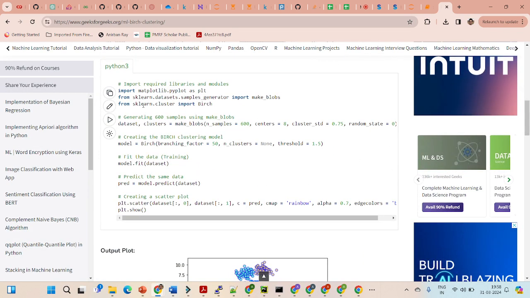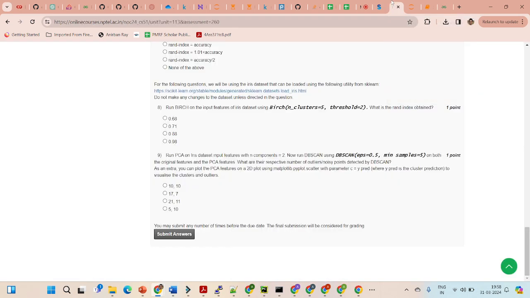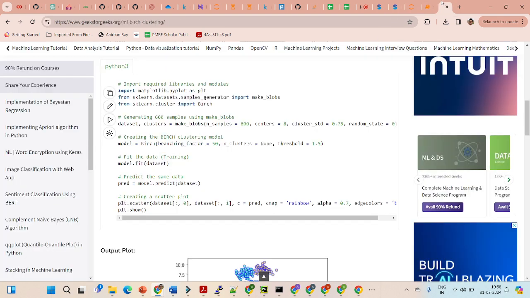Yes, from sklearn.cluster they have imported Birch here. And this is the model they have initialized like that. You have to specify the number of clusters equal to 5 and threshold equal to 2.